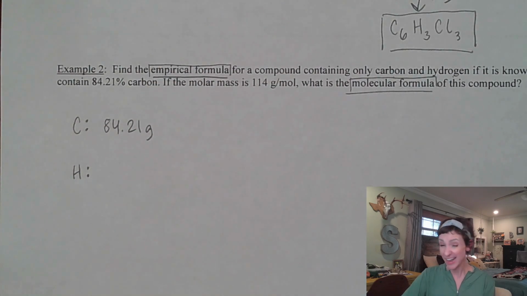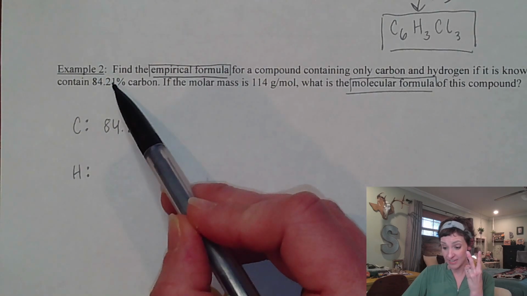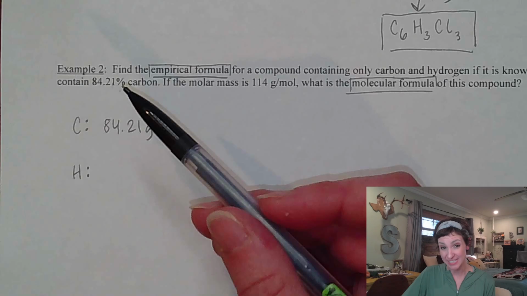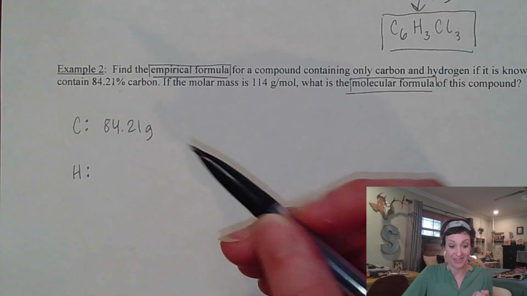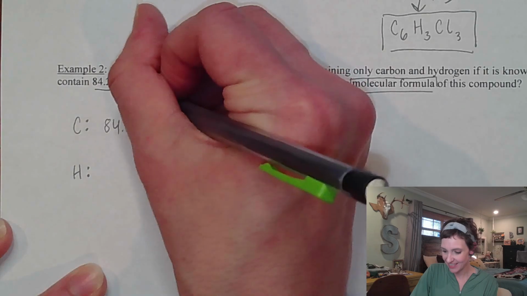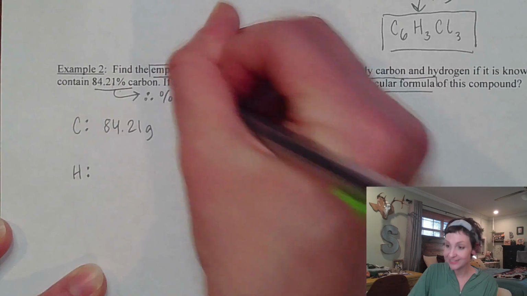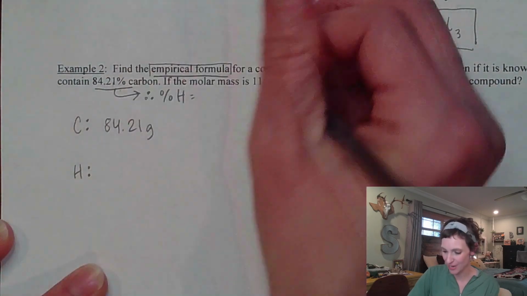We can be smart, and I think we can, right? If there are only two things in there, and one of the things makes up 84.21%, how would I figure out what percent the other one makes up? So if I look at this, I can say, therefore, the percent hydrogen, you can subtract from 100.